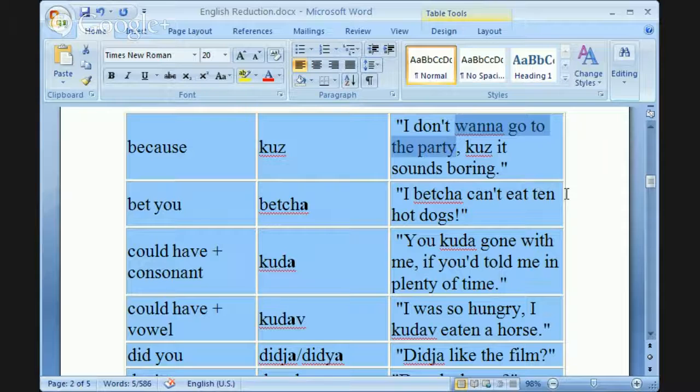Because we're going to join anytime we have alternating vowel and consonant sounds, as long as it belongs in the same phrase or clause, that is. Qualify that. Anytime we can join alternating vowel and consonant sounds, we generally do. I don't want to go to the party. Want to go to the party. It's all one breath. I don't stop to breathe while I'm saying that.